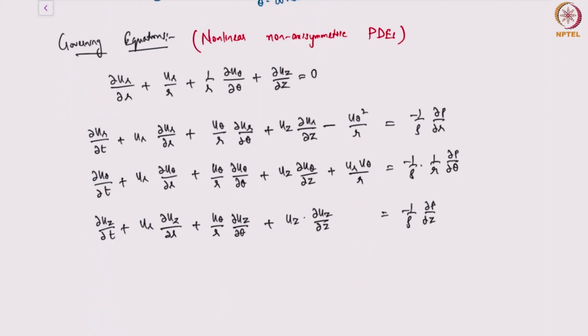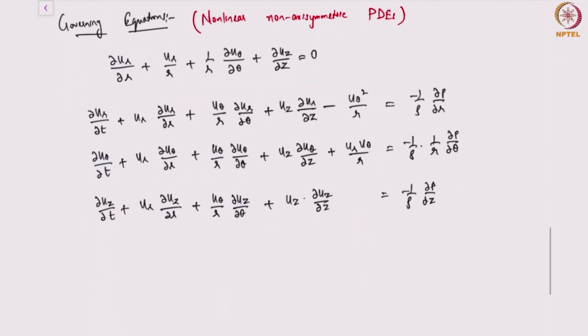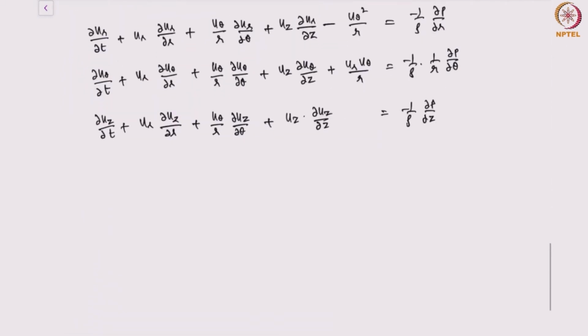So let's reduce this to a set of simplified governing equations. Our base state is axisymmetric, and our perturbations are also axisymmetric. So I'll call them the reduced axisymmetric governing equations.